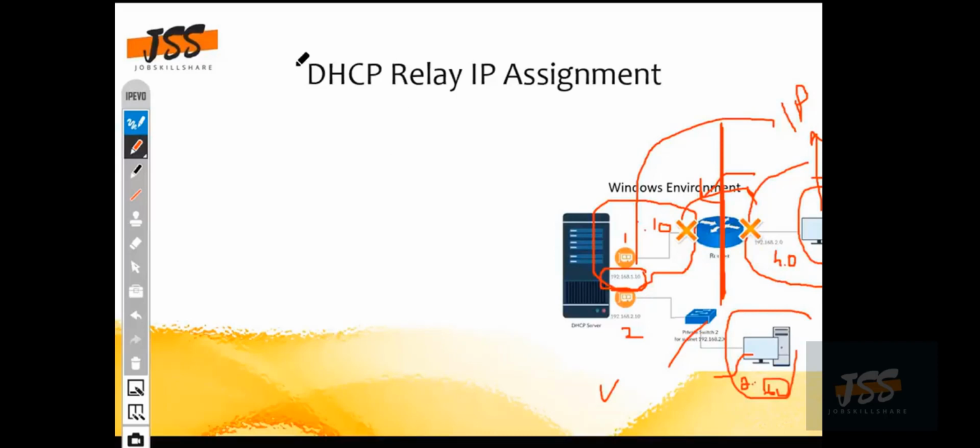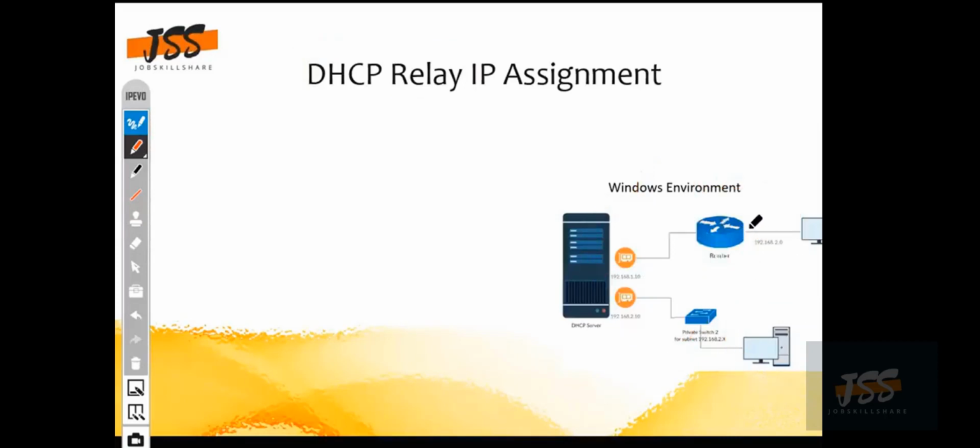So that is the reason we use the DHCP relay concept here. We will assign the DHCP relay on the subnet that is in question. We will assign a kind of command which will tell the server that I'm looking for the subnet from this range, 192.168.1.10. So basically what will happen behind the scenes, your broadcast will turn into a unicast.